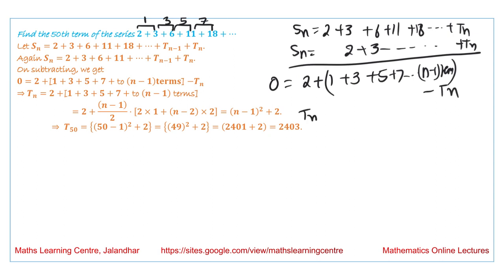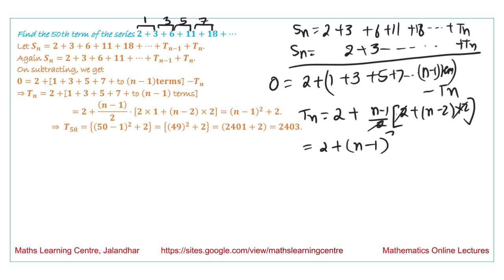So the value of Tn you will obtain is 2 plus the sum of 1 plus 3 plus 5 and so on, which is (n minus 1)/2 into [2 plus (n minus 2) into 2]. Again this 2 gets cancelled, and we are left with 2 plus (n minus 1) square.